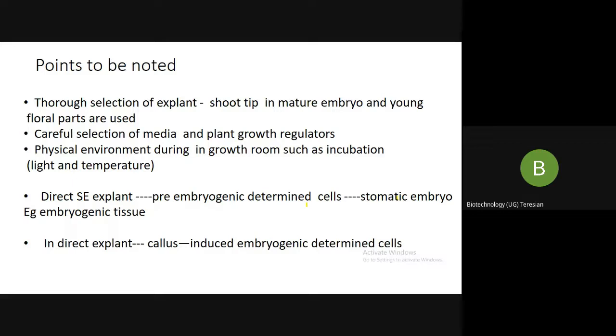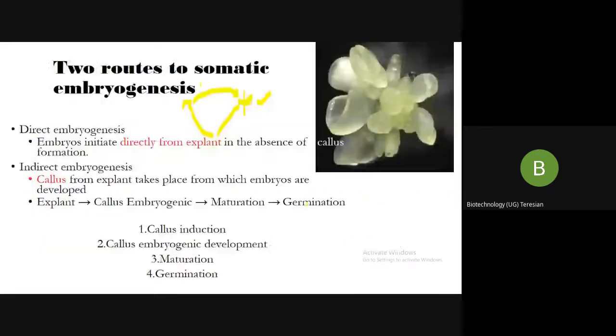Another method is the indirect method. In the indirect method, as you studied in organogenesis, you take the explant and the explant produces the callus.